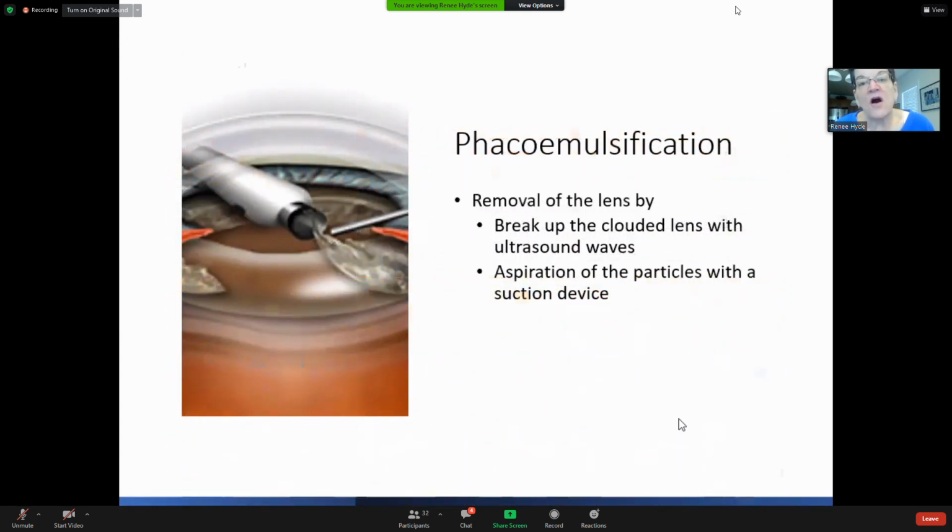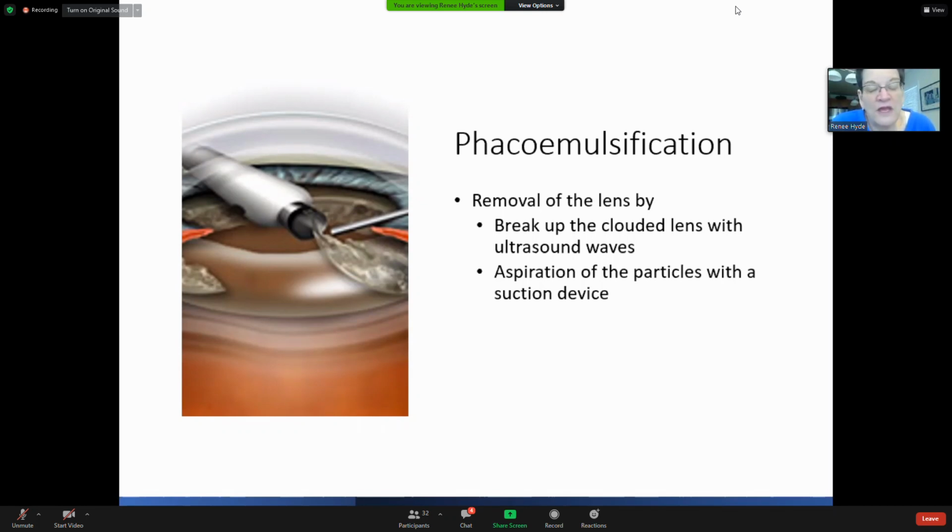It's a process called phacoemulsification. What they do is through a slit in the cornea, they put this probe in and break up that clouded lens with ultrasound waves. And what happens is that there is something that aspirates those particles with a suction device.